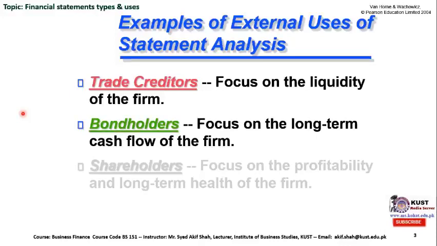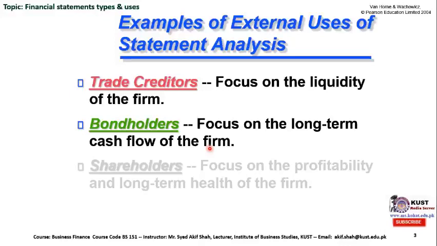The second one is bondholders. Why would investors like to purchase the bonds of a particular company? These bondholders are also creditors for a company, and their focus and emphasis is on the long-term cash flow of the firm. Since the bondholder will hold the bond of the company for more than 1 or 2 years, and if those are strategic in nature, then the bondholders will be looking to invest their money in the firm for at least 5 to 10 years.